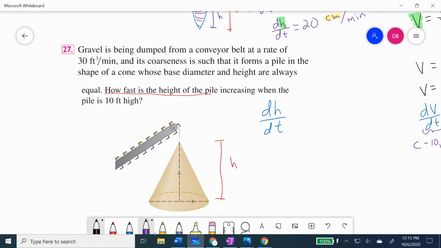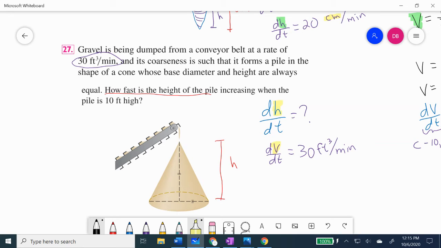We are told gravel is being dumped from a conveyor belt at a rate of 30 cubic feet per minute. So that means my volume is increasing by 30 cubic feet per minute. And these are my rates of change that I need to work with.